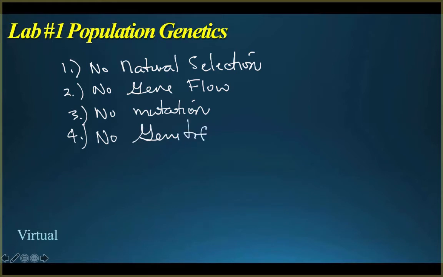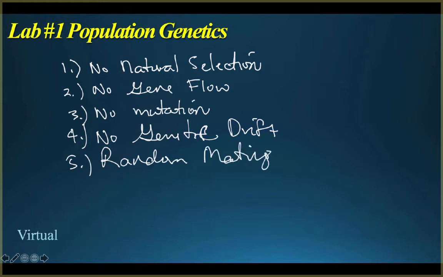No genetic drift. Sorry. No change in the gene pool due to chance. This just means things are kind of moving and changing willy-nilly, just by chance. And that cannot happen at all. And the last one, there has to be random mating, which means organisms are just mating freely with anybody. This isn't like the 70s free love.